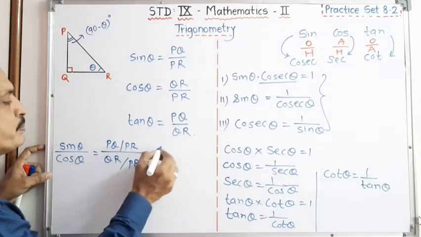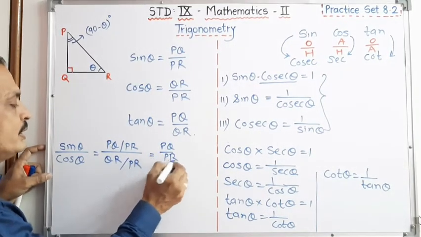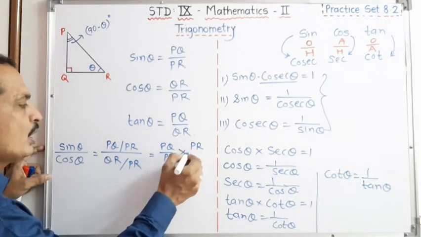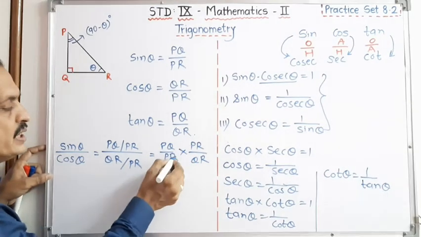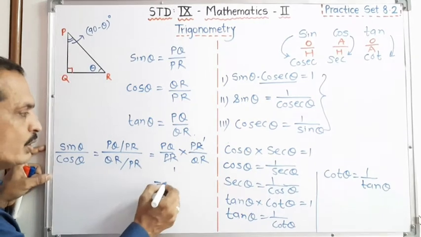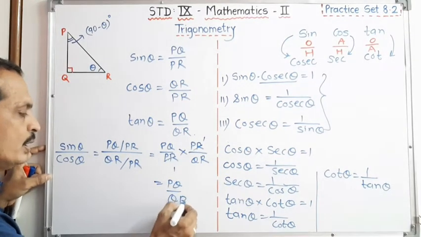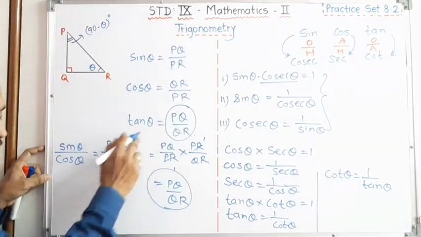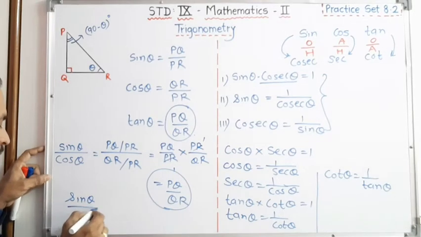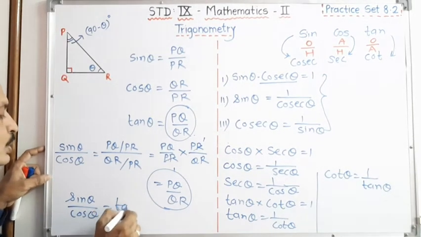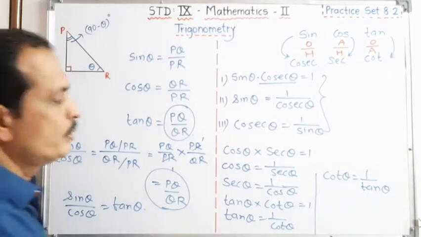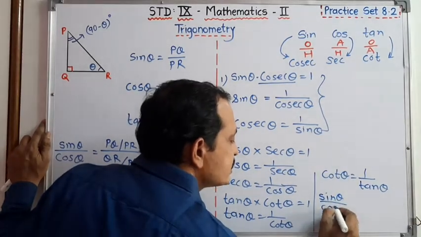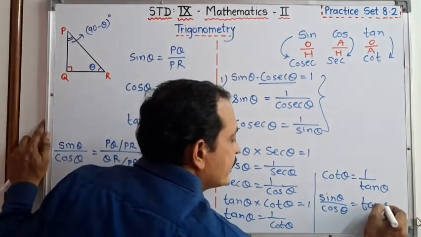Now see dear student, this PQ upon PR, this QR upon PR will multiply and become PR upon QR. Now this PR and this PR get cancelled. We got here PQ upon QR. But dear student, observe this PQ upon QR means tan theta. Therefore, we can write sin theta upon cos theta is equal to tan theta.